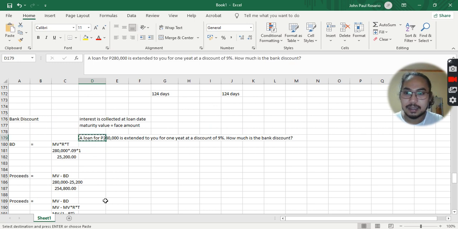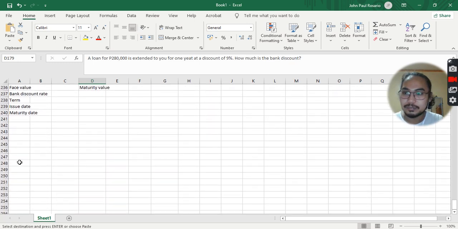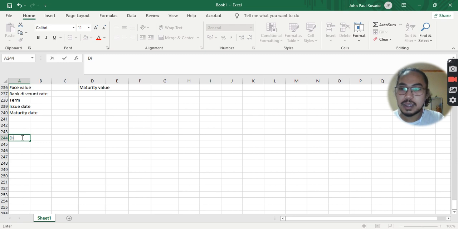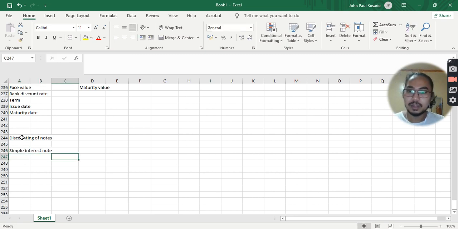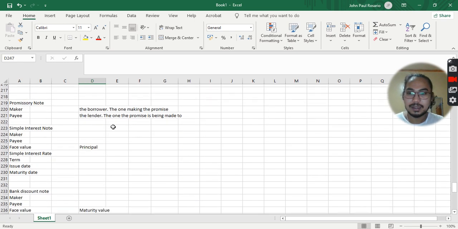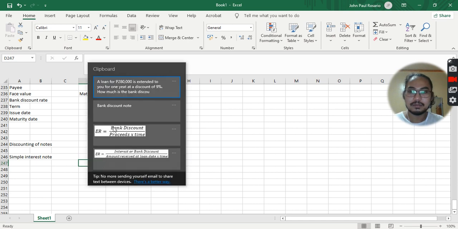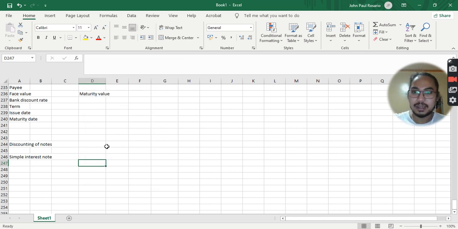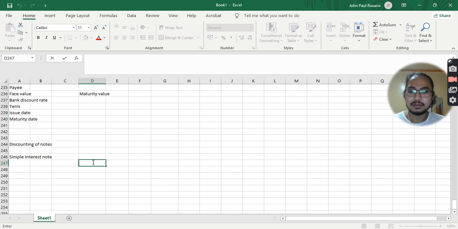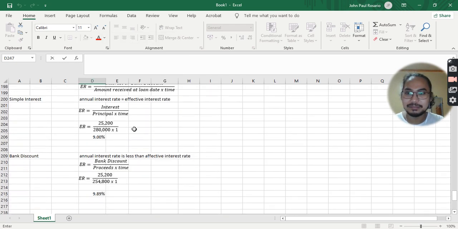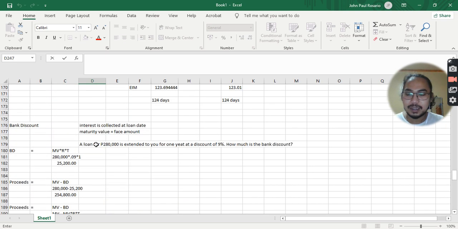Okay. So, discounting of notes. So, simple interest note. So, the problem is, oh no. Oh, it's not working. Why? It really won't work. Okay, let's just copy it again.